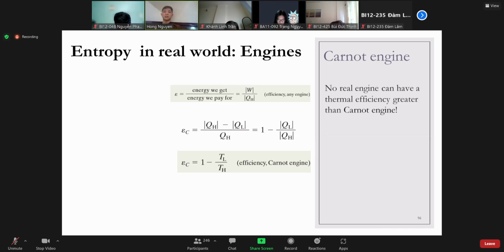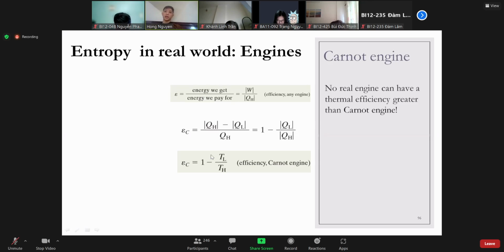This holds for any engine. And in our case, this is the formula. So this is the work, what we need, right? And this is what we need to pay for. So we need to extract this amount of heat, and this is the work that we need.